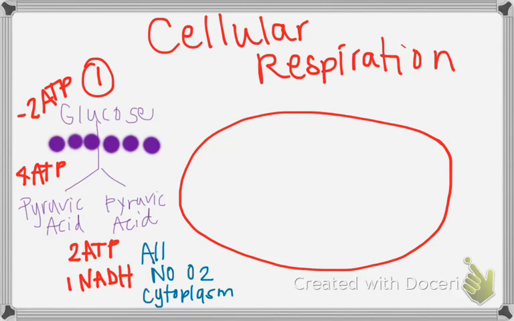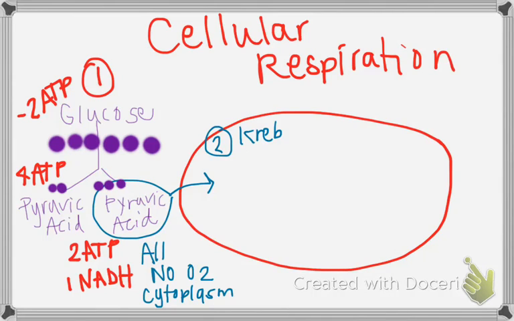Okay, so the pyruvic acid then is going to go into the Krebs cycle. So step 2 is the Krebs cycle, and the pyruvic acid goes in. And pyruvic acid, which was 3 carbons, 1, 2, 3, is now going to be split and it'd be a 2 carbon molecule.